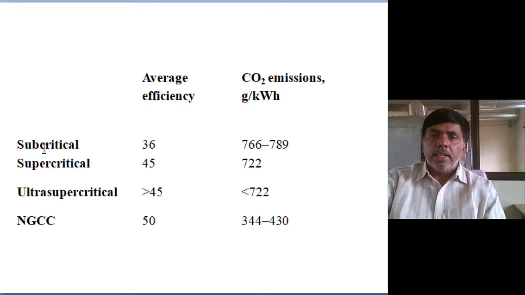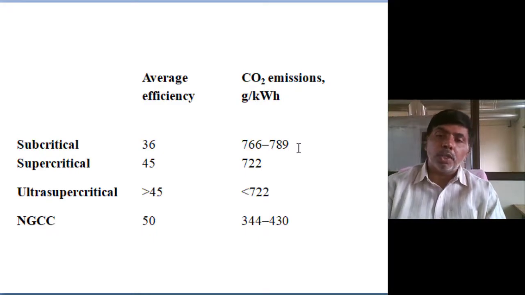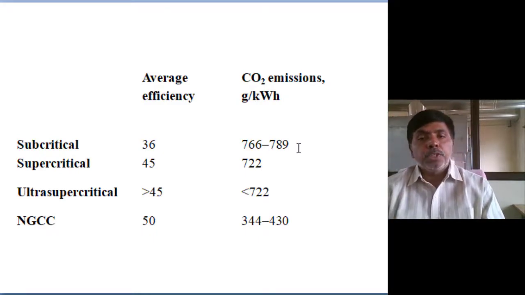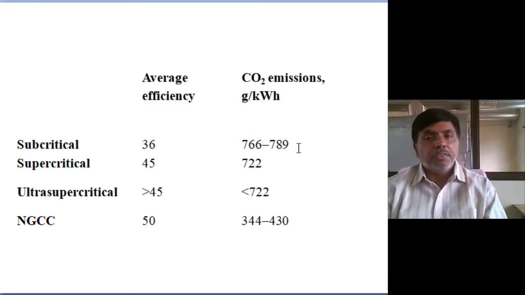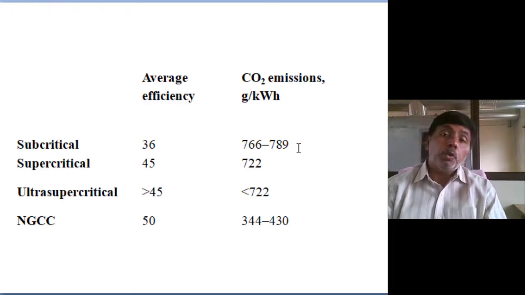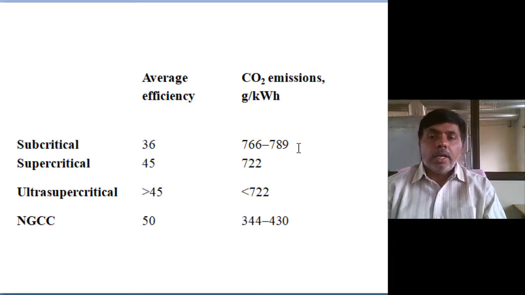This is the real-time efficiency range. Subcritical efficiency is about 36 percent, and CO2 emissions are 766 to 789 grams per kilowatt hour. Coming to the supercritical, efficiency is expected up to 45 percent, and CO2 emissions are 722 grams per kilowatt hour.